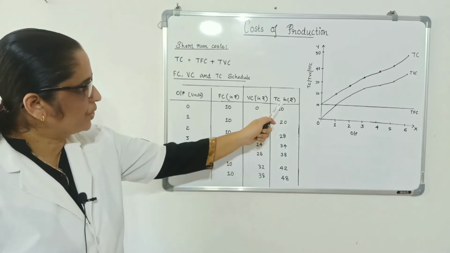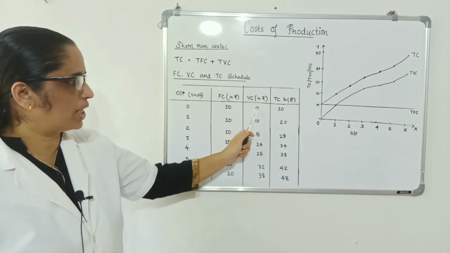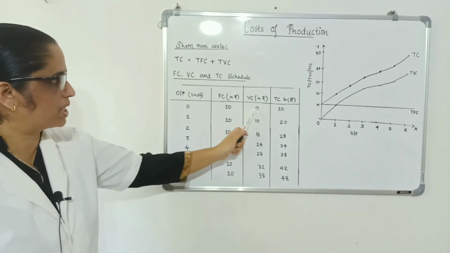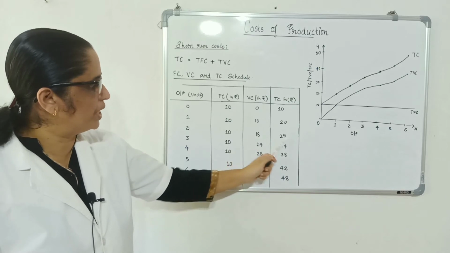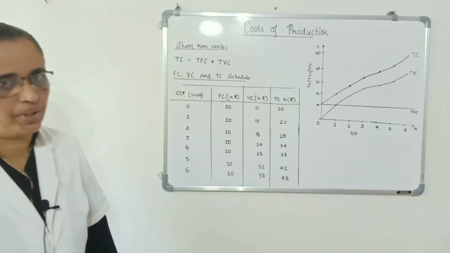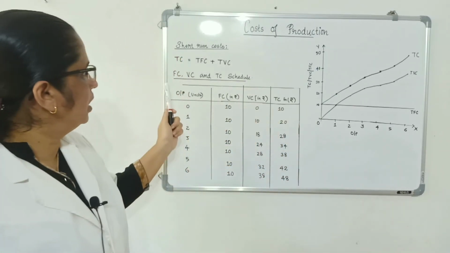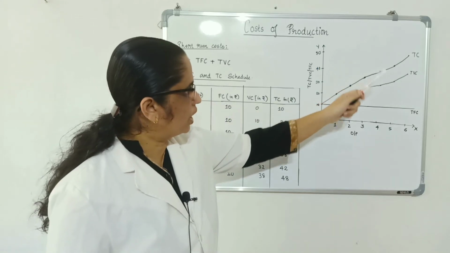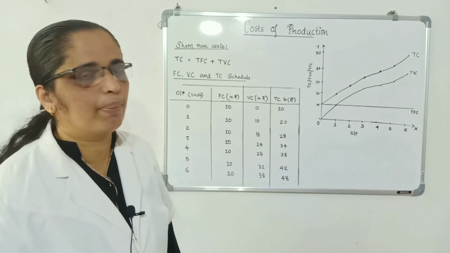So total cost is the sum total of total fixed cost and total variable cost at various levels of output. 10 plus 0, 10, 10 plus 10, 20, 10 plus 18, 28, 10 plus 24, 34 and so on. Now, let's derive these curves, namely fixed cost, variable cost and total cost curves. Even if the output is 0, fixed cost is positive.